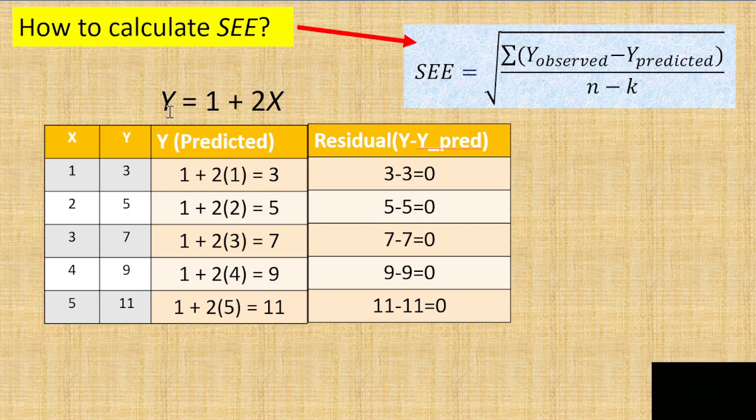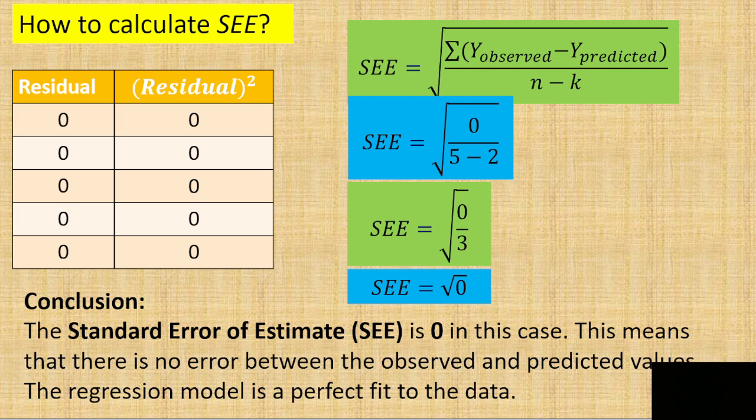So 3 minus 3, that is 0, and 5 minus 5, that is 0, 7 minus 7, 0, 9 minus 9, 0, and 11 minus 11, 0. So our S here is equal to 0.